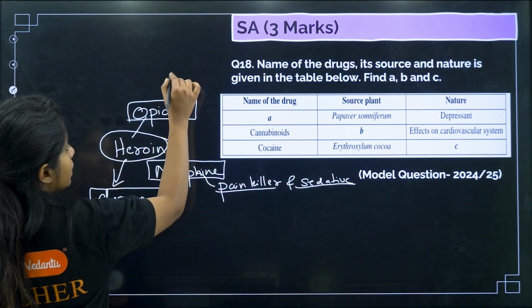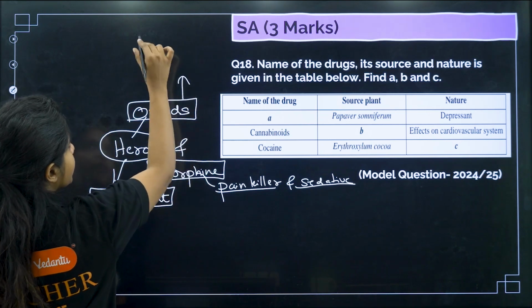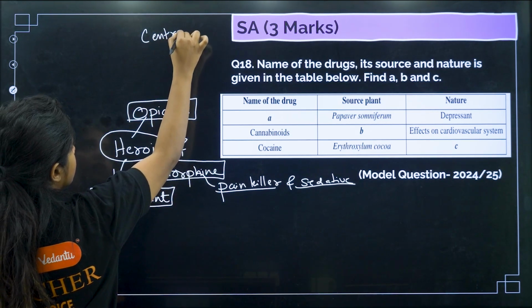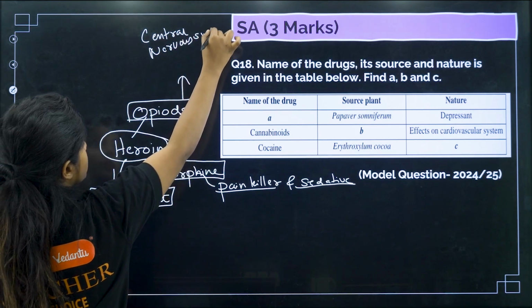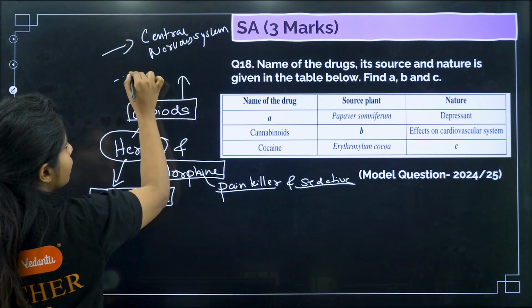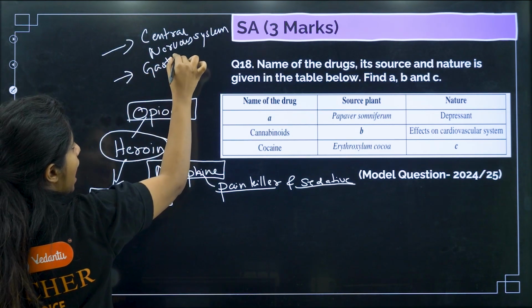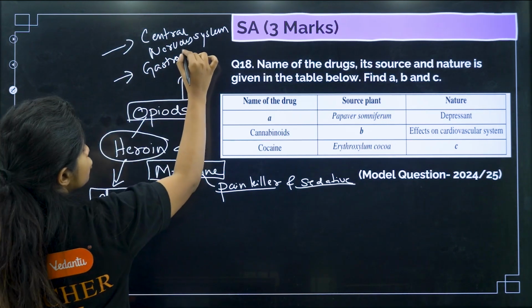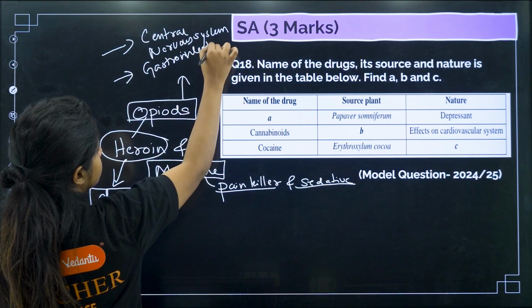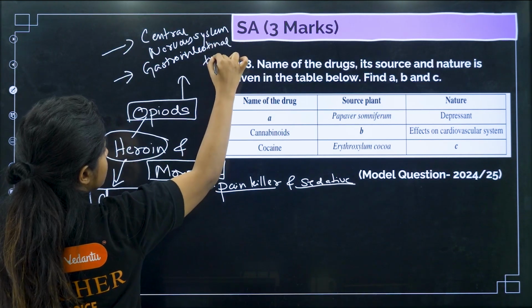Opioids are the ones that basically affect your central nervous system. I am trying to explain the drugs here itself so that you don't find it difficult later on. And it also brings about difficulty in the gastrointestinal tract, as in your gastric tract.